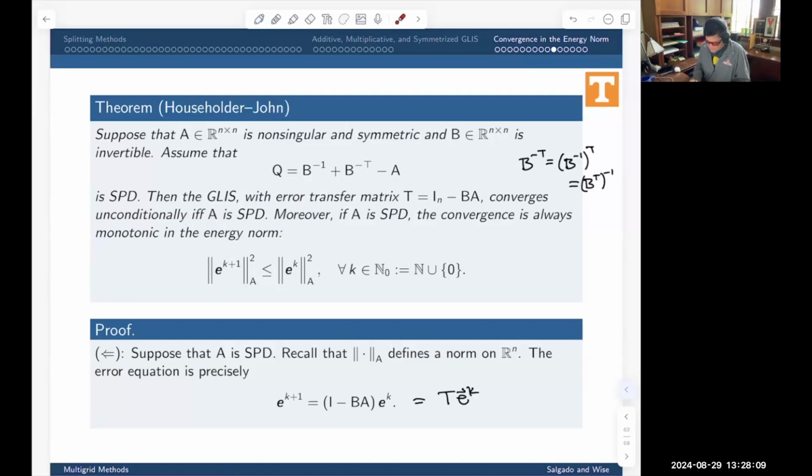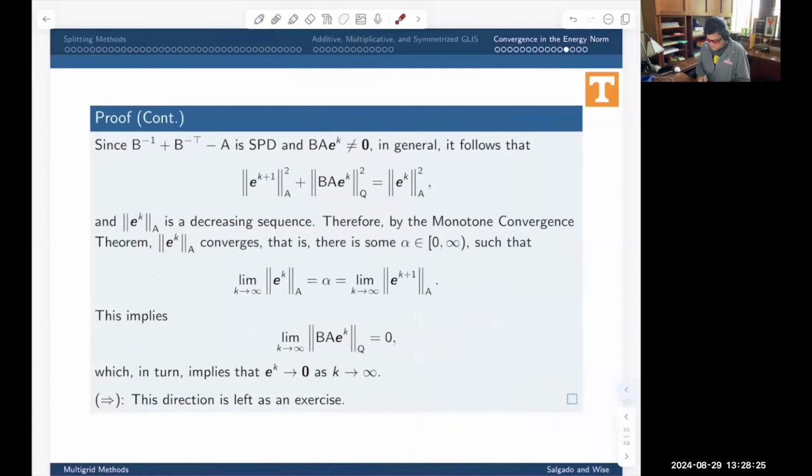If I assume that this converges unconditionally, and this is symmetric positive definite, then we can show that A must have been symmetric positive definite to begin with. That direction is left as an exercise, but as I said, it's a bit harder.